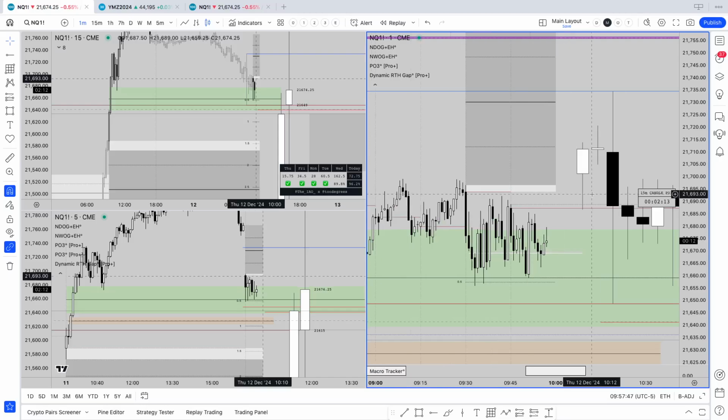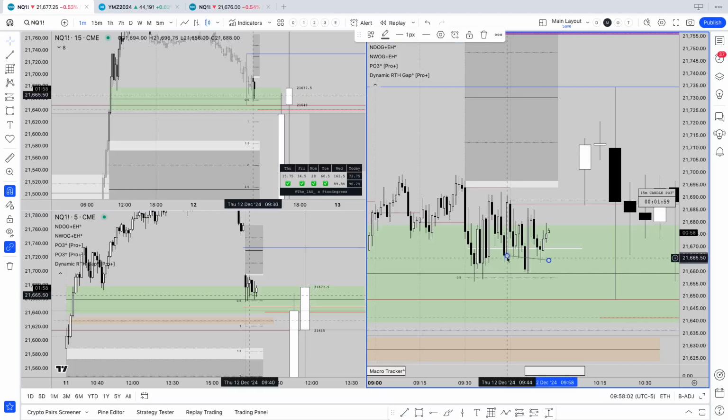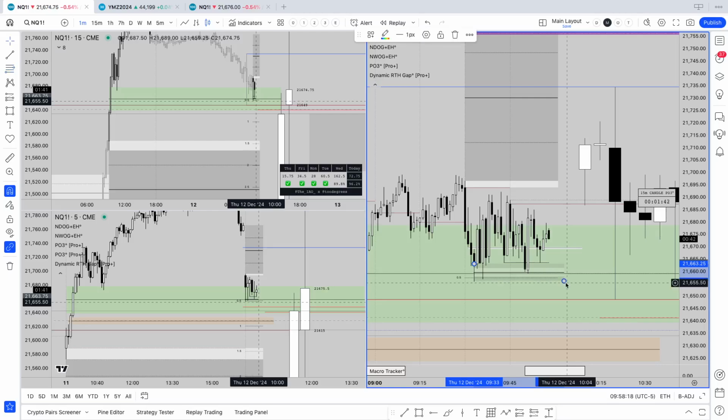Yeah, so imagine shorting this and taking a long here. Obviously, you can, for example, this, we are in a macro. We took this little short and low here. And this is a reaction block.